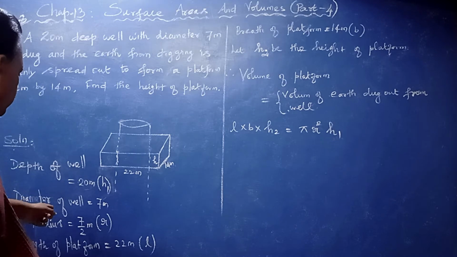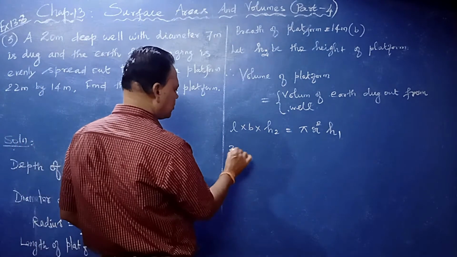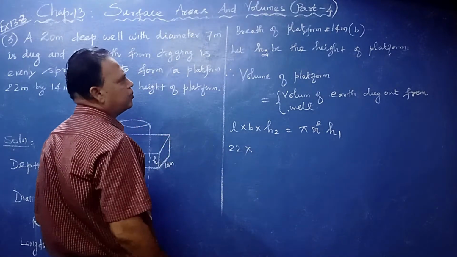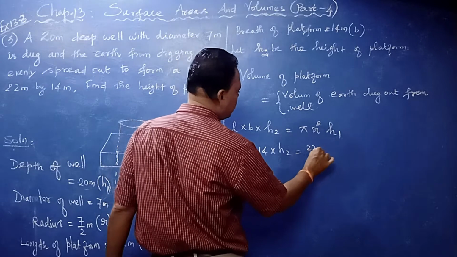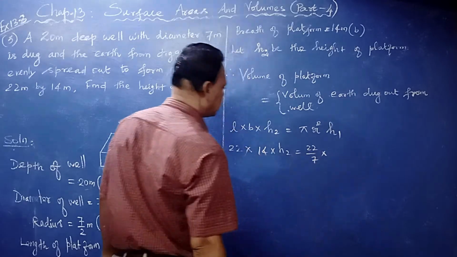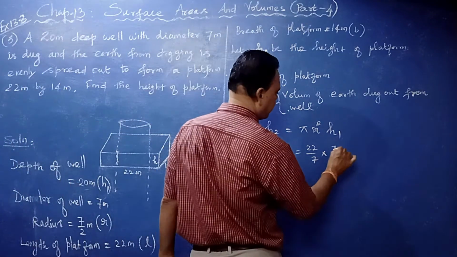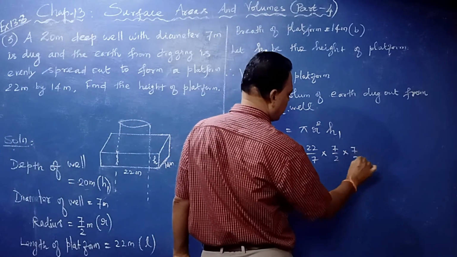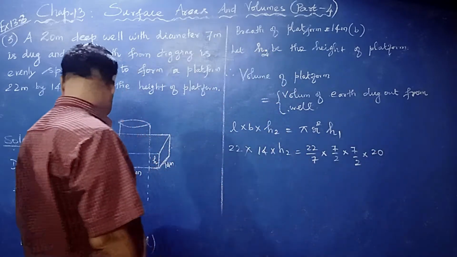So first you substitute. L is 22, B is 14, into H2 equals 22 by 7 into 7 by 2 into 7 by 2 into H1, which is 20 meter depth.